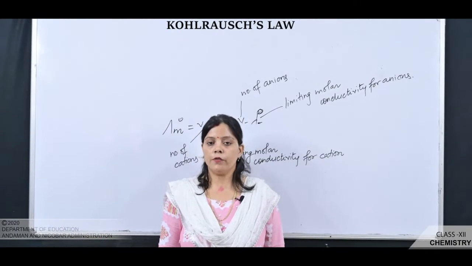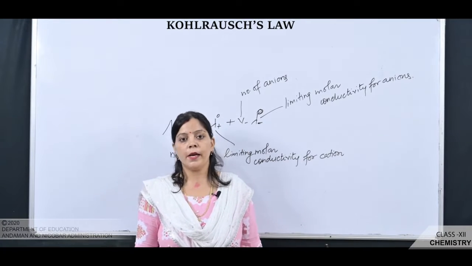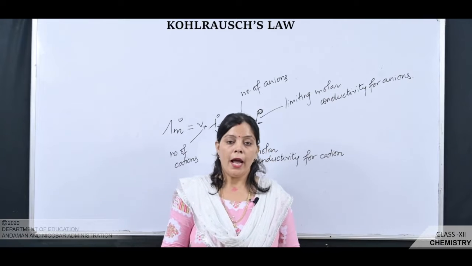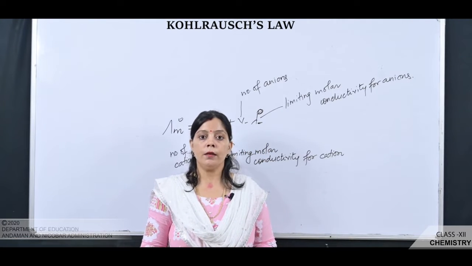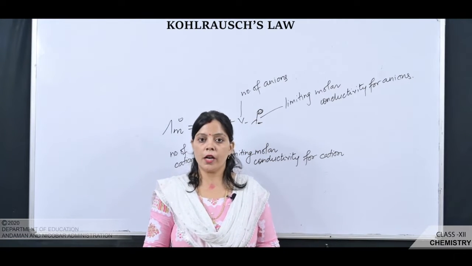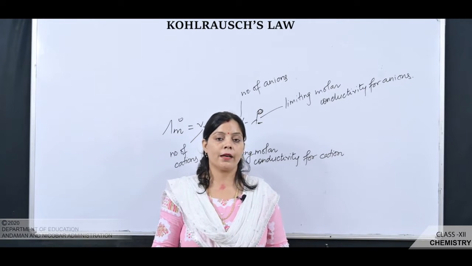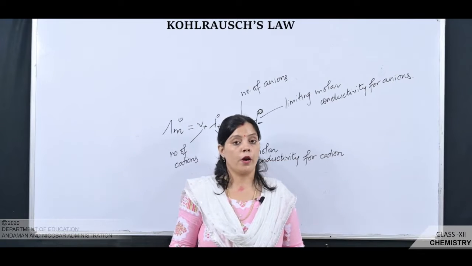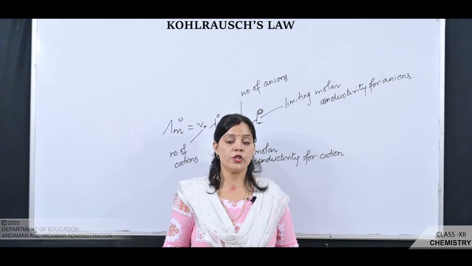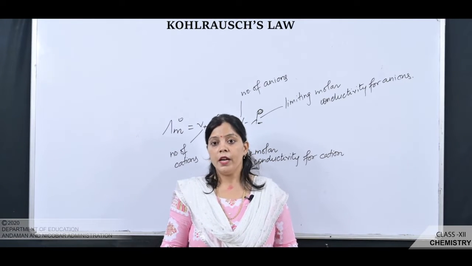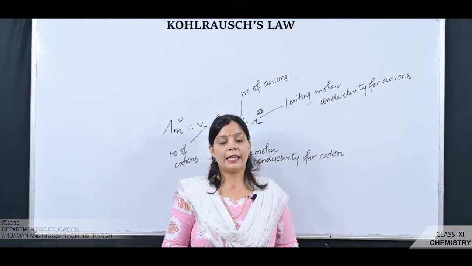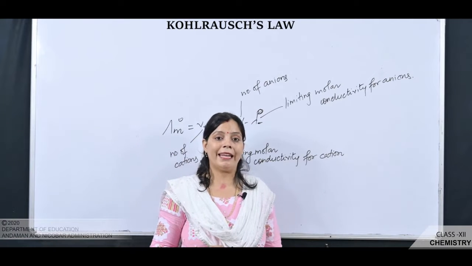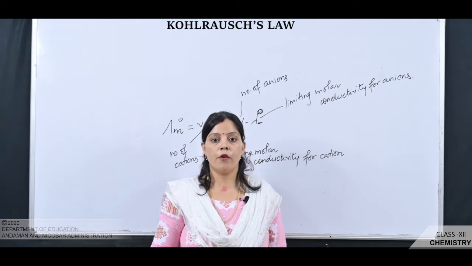After the variation of conductivity and molar conductivity by changing the concentration, our next topic is the Kohlrausch law. I have already explained that the value of limiting molar conductivity for weak electrolytes is calculated by the Kohlrausch law. So first, what is the Kohlrausch law? The chemist Kohlrausch in 1875 gave a generalization, named the Kohlrausch law, based on the independent migration of ions.